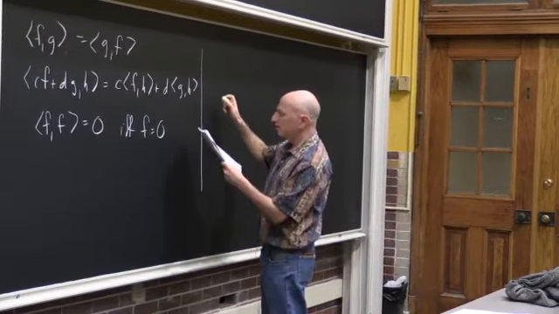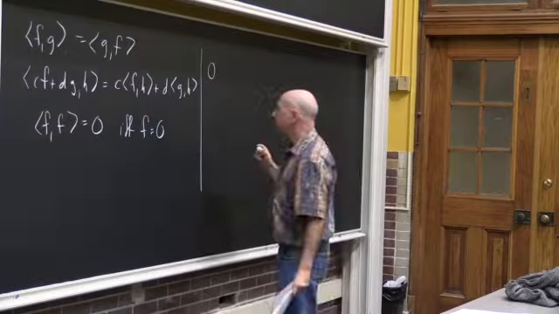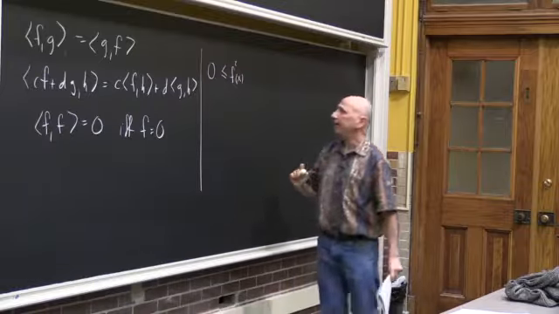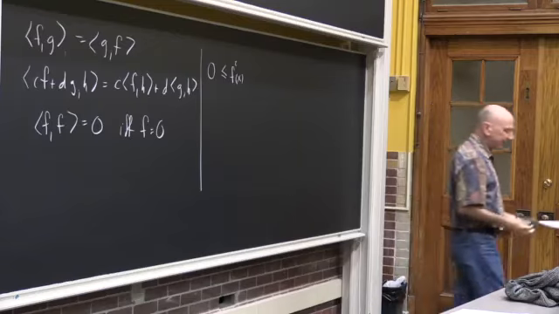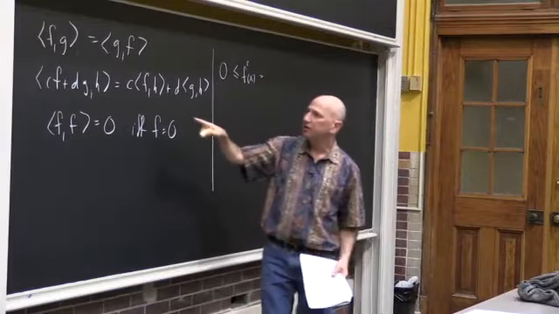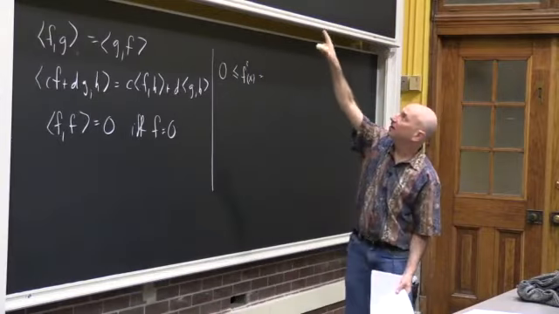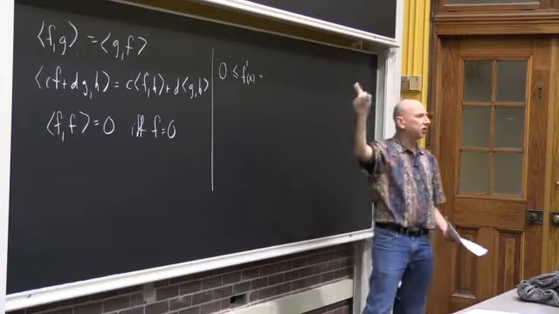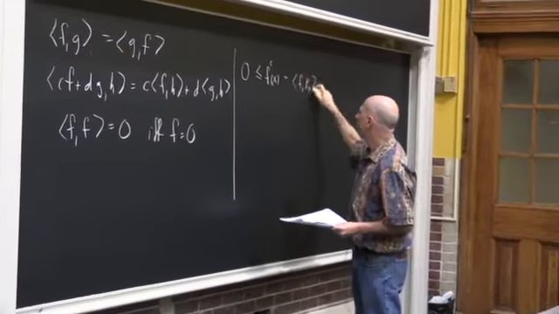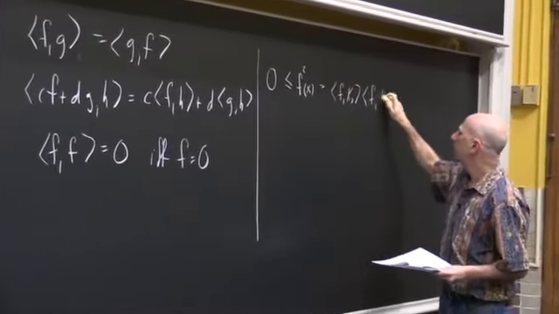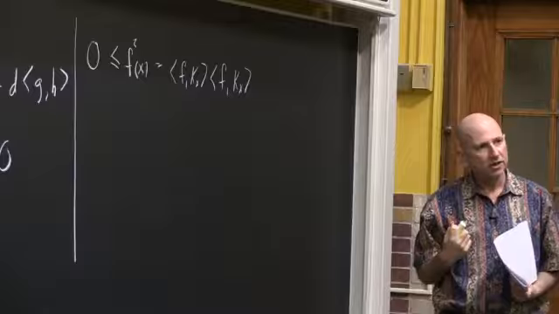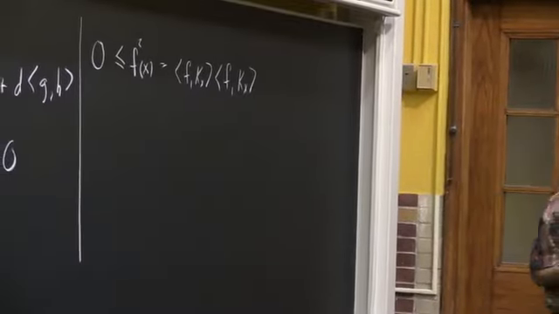It's just this. We're going to say this. 0 is certainly bigger than or equal to, let's take f evaluated at an arbitrary x and square it. By definition, that has to be non-negative, so it's bigger than or equal to 0. Now we're going to use the reproducing property. The f of x is equal to the inner product of f with the kernel, and it's squared. Something I should have also said is we can check that the Cauchy-Schwarz inequality holds.